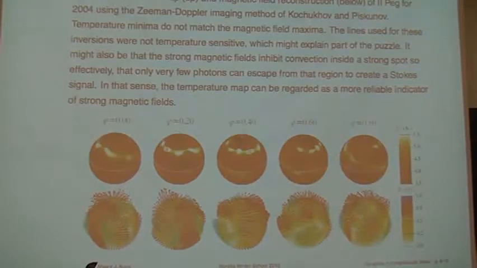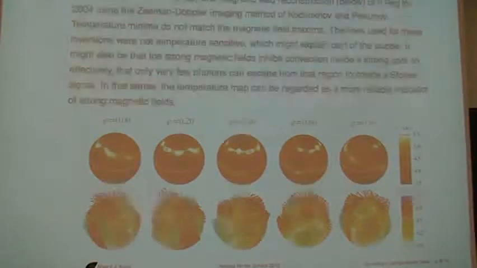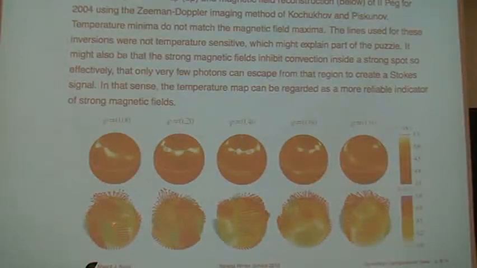And if you compare these two figures, you cannot really associate the places where you have strong magnetic fields with those where you have a star spot. One possible explanation is that the lines that were used in these maps were more sensitive to magnetic field than to the temperature.